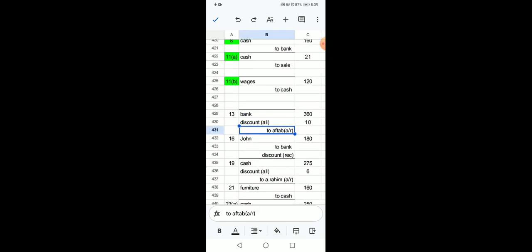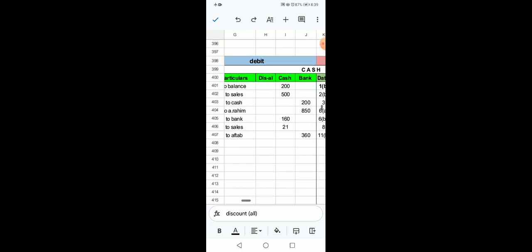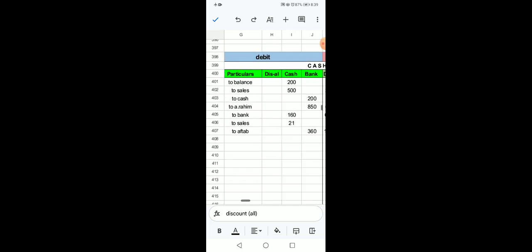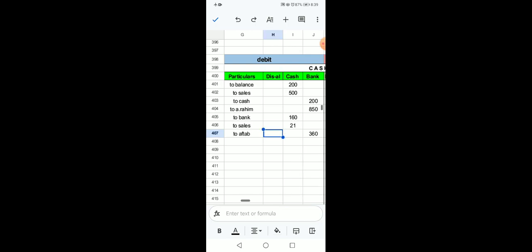As it was described in the 13th entry, for bank and discount the reference is the same. Bank we have already posted, discount is needed to be posted on the debit side. So you will go to the debit side of the discount. There are two possibilities. You can write discount over here, and you will have to write "to Aftab" again and 13 again. Instead of this, you can post the discount amount in the same line.